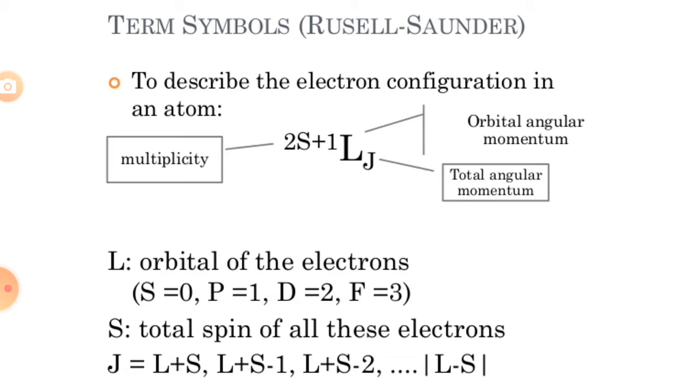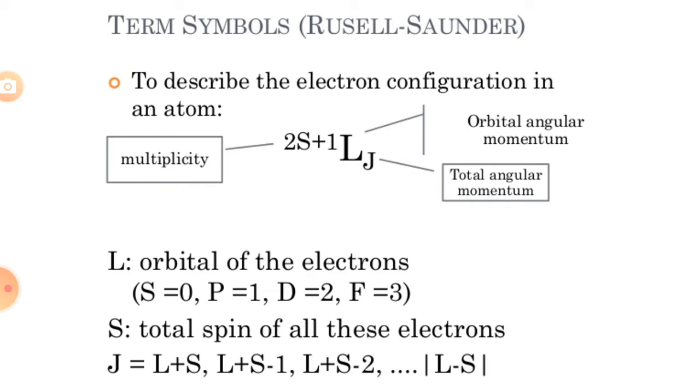So there are three rules to determine the ground state term. Okay, the lowest energy term will be the one with highest multiplicity. This 2S plus 1 is the multiplicity. This superscript indicates its multiplicity, L is the orbital coupling and J, the subscript, is the L and S coupling.